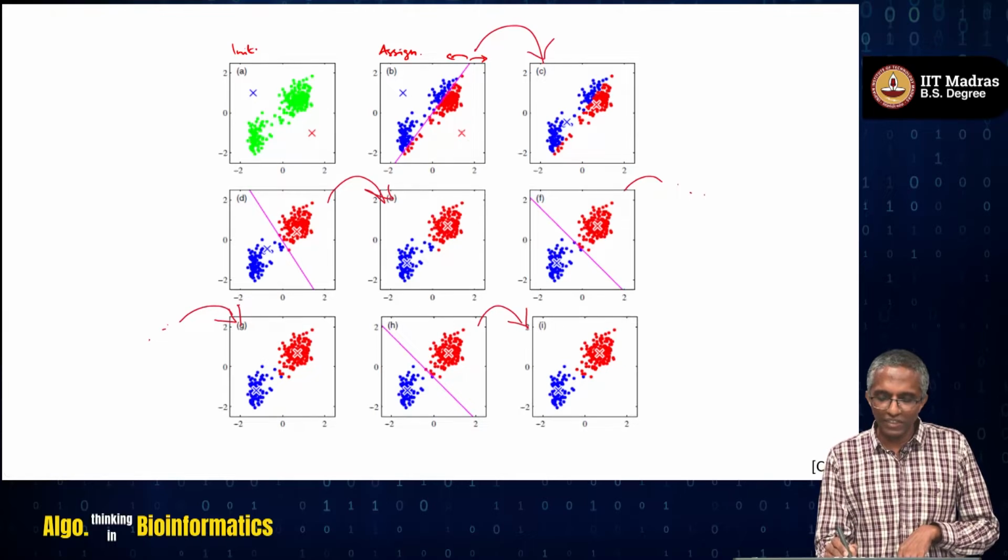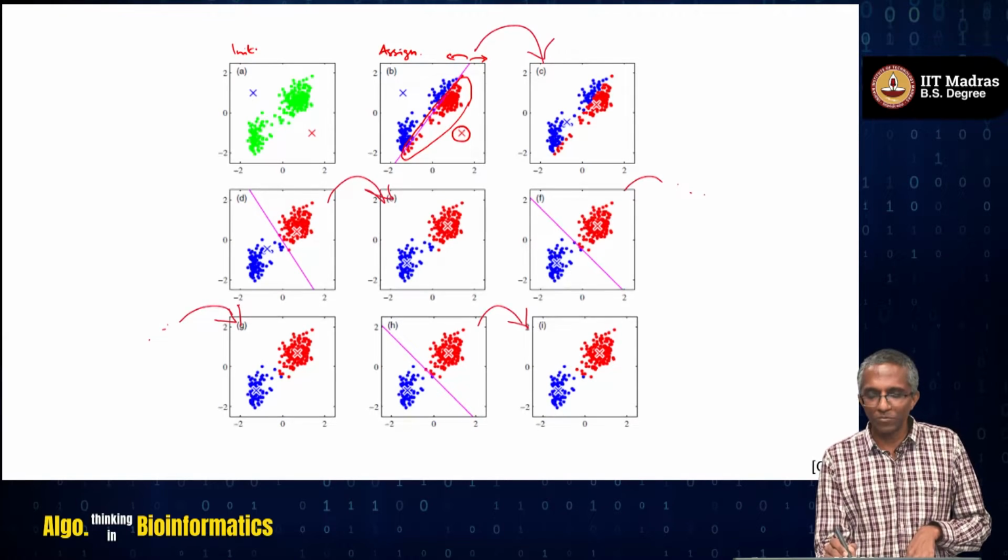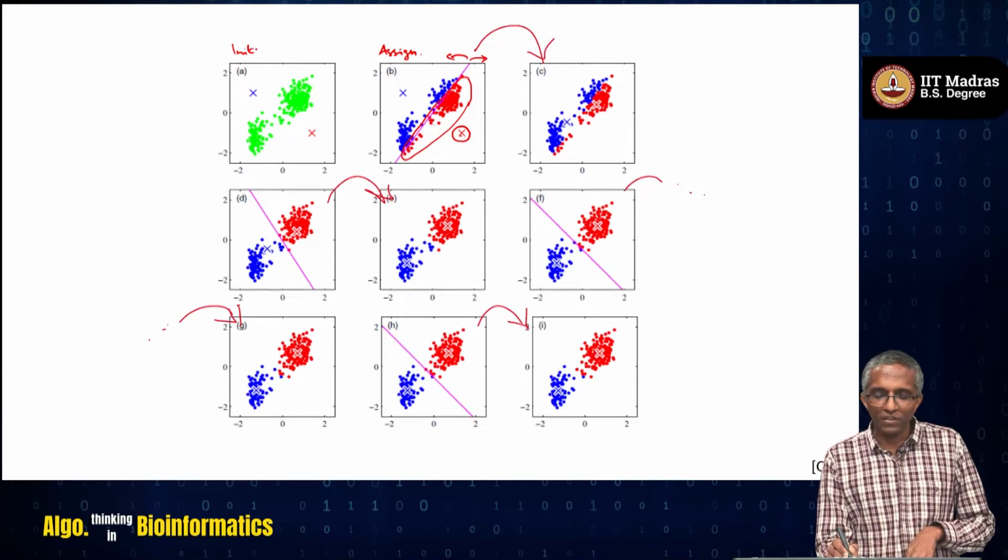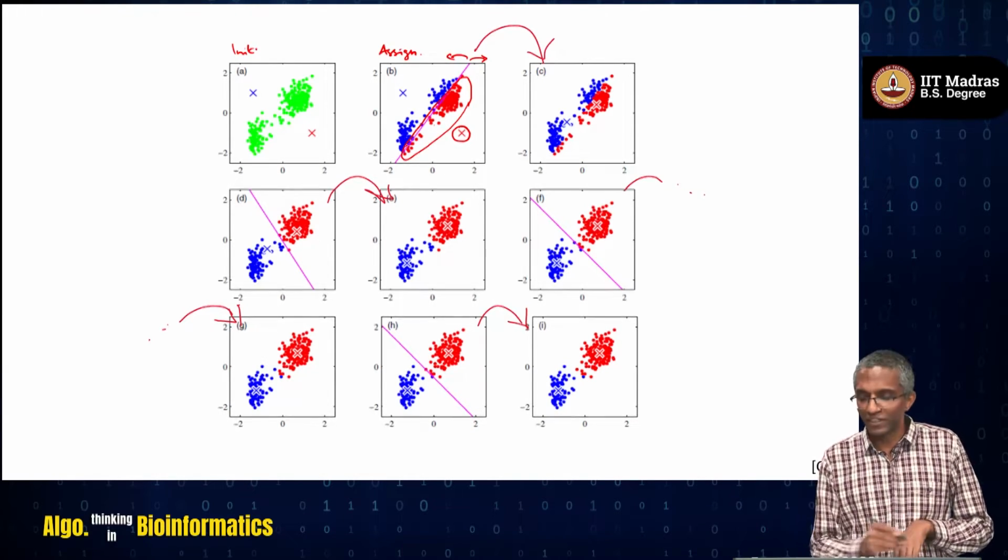Now, like I said, this red center is going to be covering all of these red points, and it is actually far off from them. A better way to be responsible for all of these data points is to get reassigned to the sample means of these red data points. So, that gets changed here.